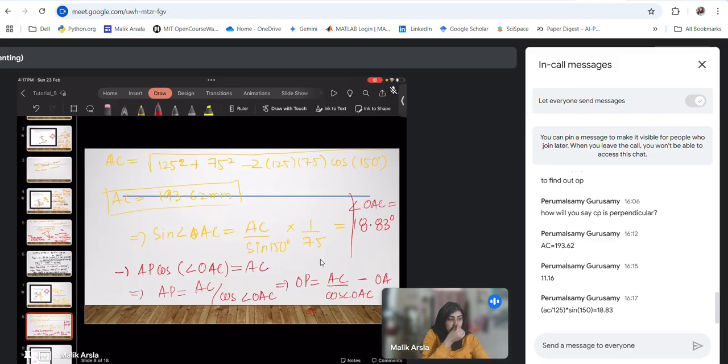So here you can put the value of AC, which is 193.62, cos of 18.83 degree, and minus OA, which is 75. So calculate OP and tell me what is the value of OP you're getting.